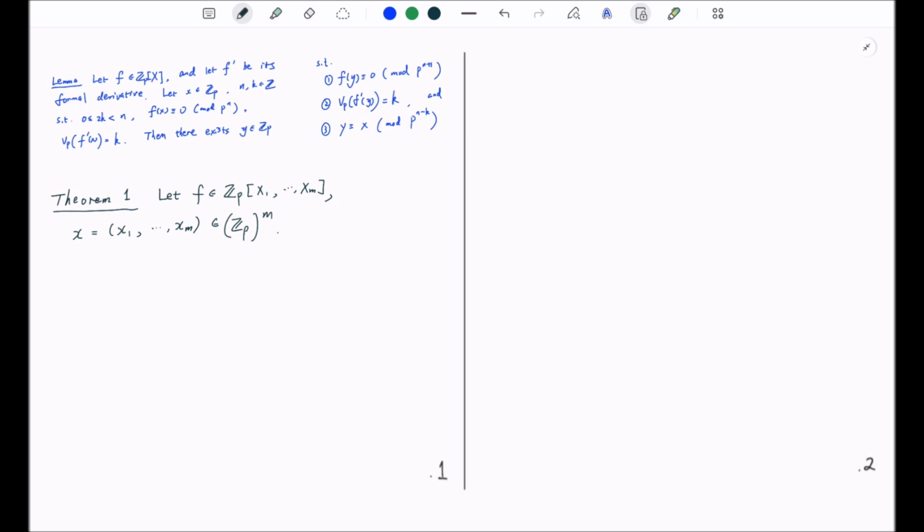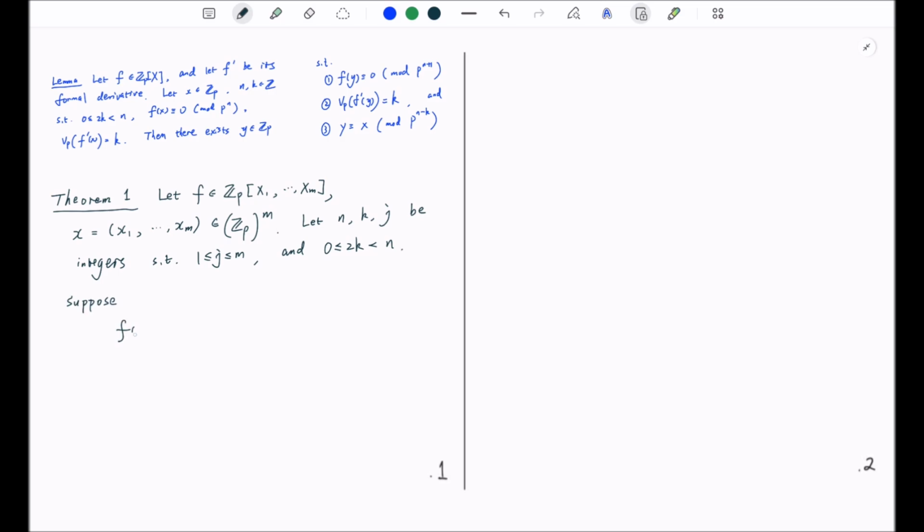And we take three integers, n, k, and j, satisfying: first, j is an integer from 1 to n, and k and n still satisfy the inequality as in the lemma. Now suppose this little x and little f satisfy the following two equations.